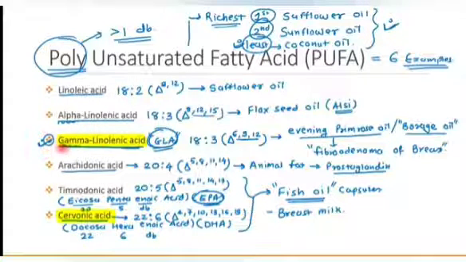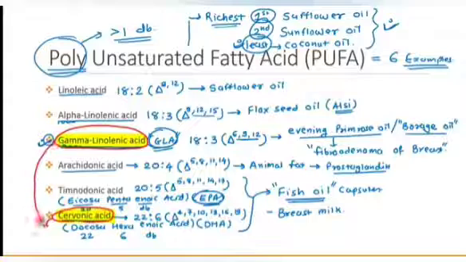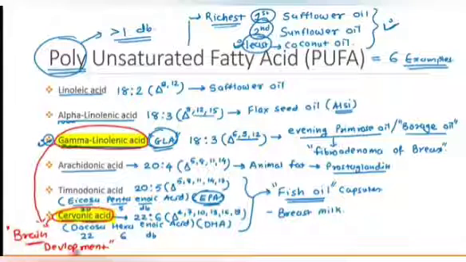The reason is this gamma linolenic acid and cervonic acid both are believed to be used in brain development. So many pregnant ladies take gamma linolenic acid and cervonic acid while they are pregnant, and this is also given to the children, but again their clinical utility is still questionable.